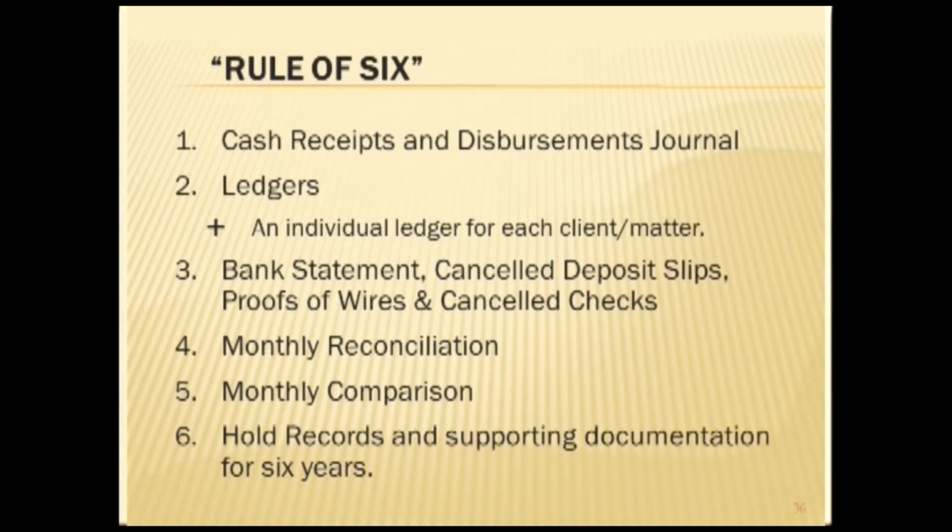We must have a monthly bank statement, canceled deposit slips or detailed records of these deposits, proofs of wires and canceled checks or bank-made copies of these checks. 4, we must have a monthly reconciliation of the bank statement. We must have a monthly comparison, and we must hold the records and the supporting documentation for 6 years, and I will explain each one of these as we proceed.